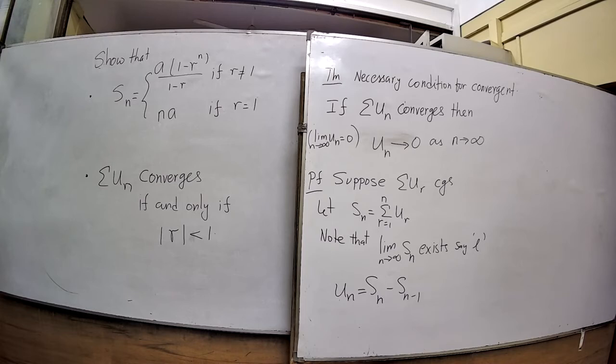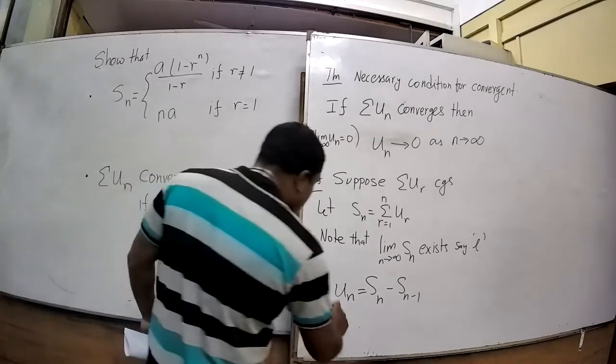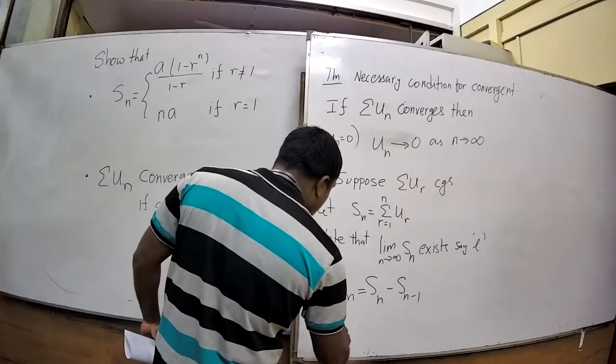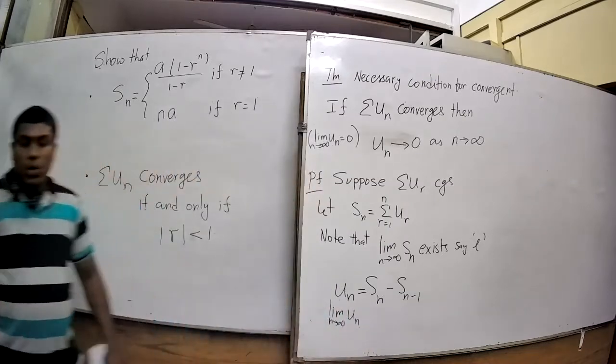So in Sn, you have u1 plus u2 plus u3 all the way up to un. In Sn minus 1, you have u1, u2, all the way up to un minus 1. So when you subtract one from the other, you get un. Now you can take the limit on both sides.